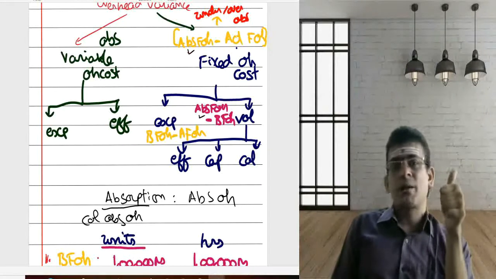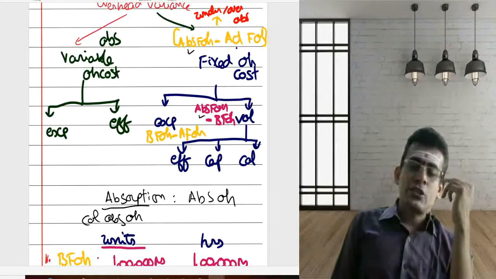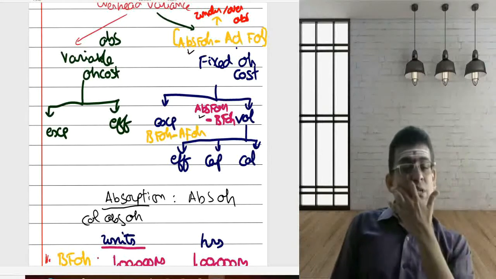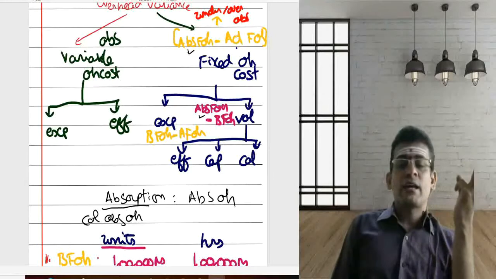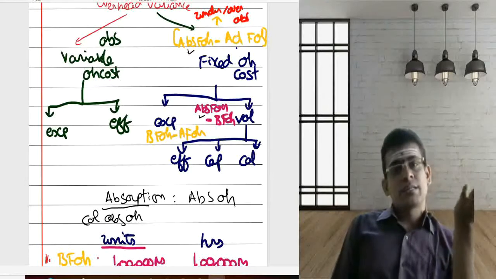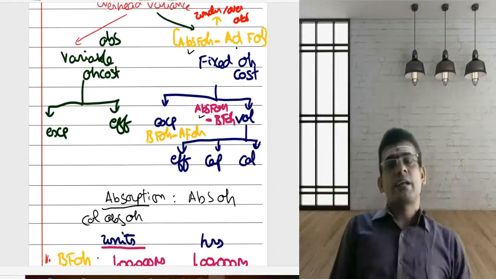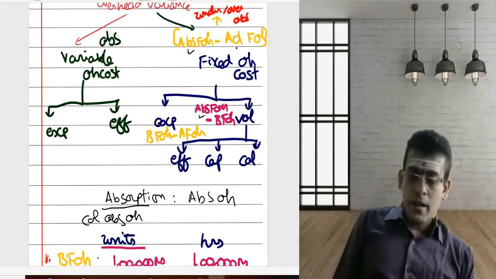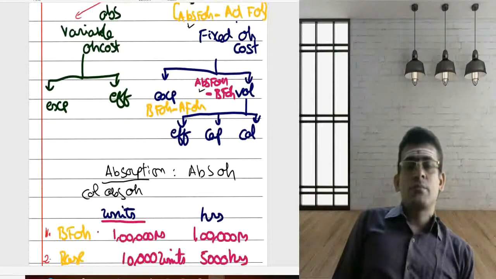So the most important part is the calculation of absorbed fixed overheads. That is the basis of calculation of your fixed overhead cost variance, and the basis for calculation of expenditure and volume variance.